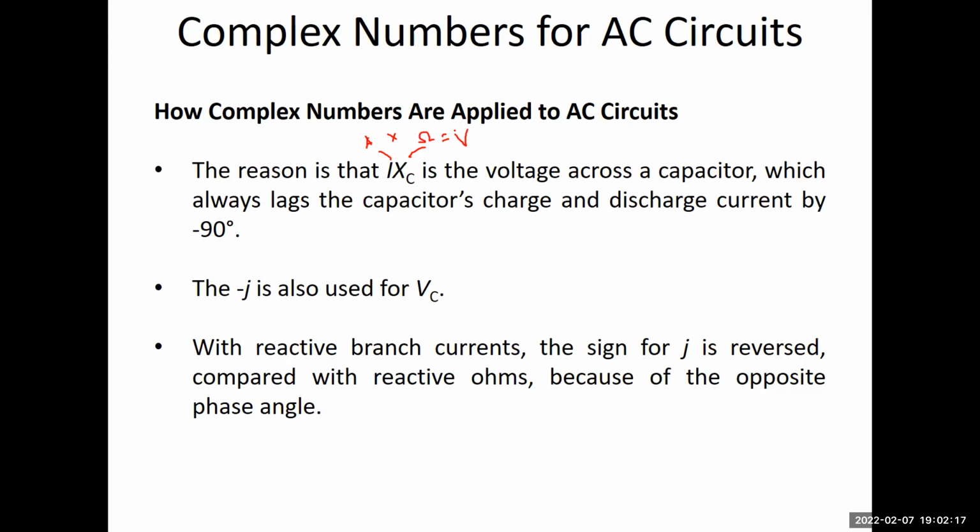And negative J is also used for V sub C. So with reactive branch currents, the sign for J is reversed compared with reactive ohms. This is because of the opposite angle.